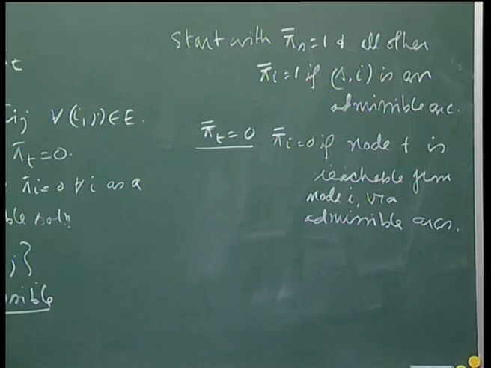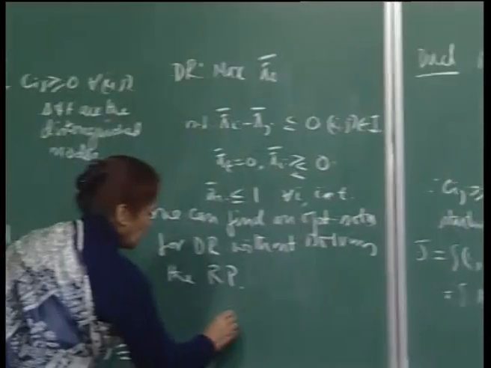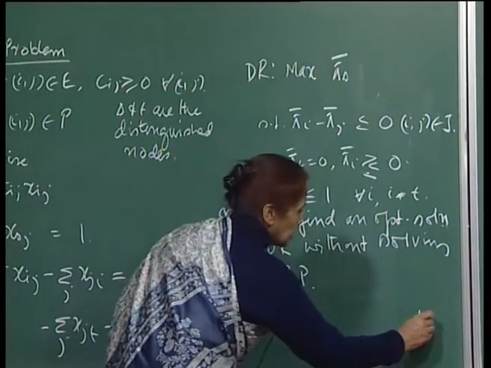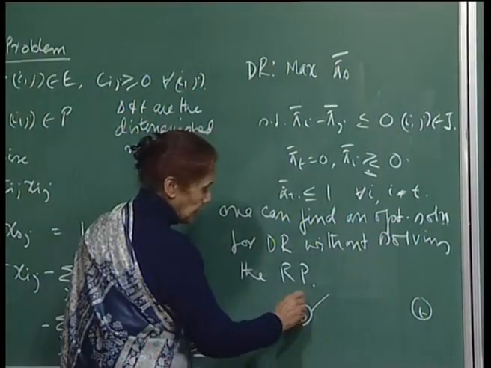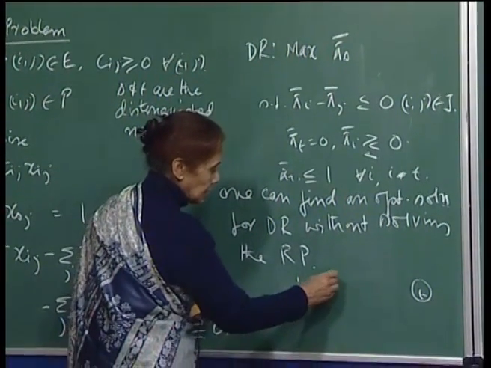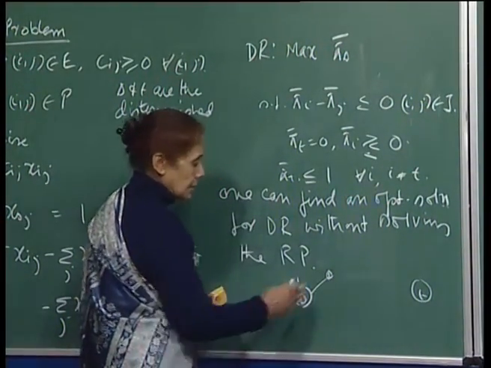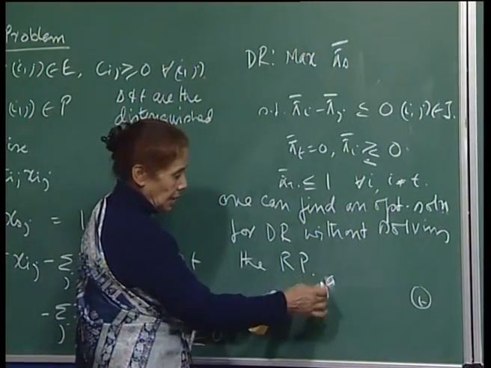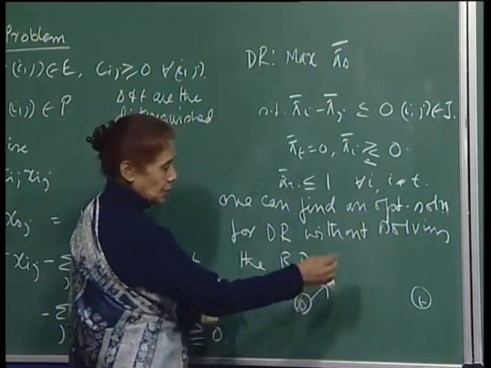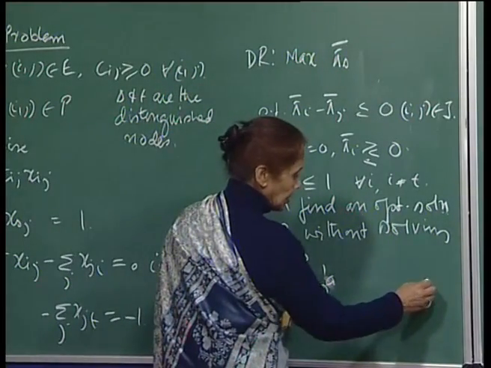See, you have a graph here. We have a node S here, we have a node T here. If there is an admissible arc, I am starting with this as 1 and I will start this as 1, right. So, if this arc is an admissible arc, then this also gets a value 1, and so on. And I start from here. So, this is 0.